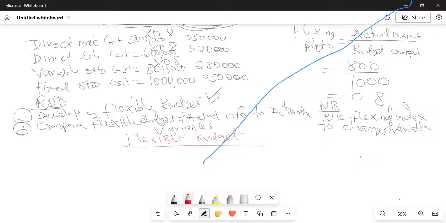So we are going to copy this the way it is. We have direct material costs. When you flex, it will be 500,000 times 0.8. The other thing you're supposed to know, my friends, is that you only flex the budget. Don't flex the actual. Never flex the actual.